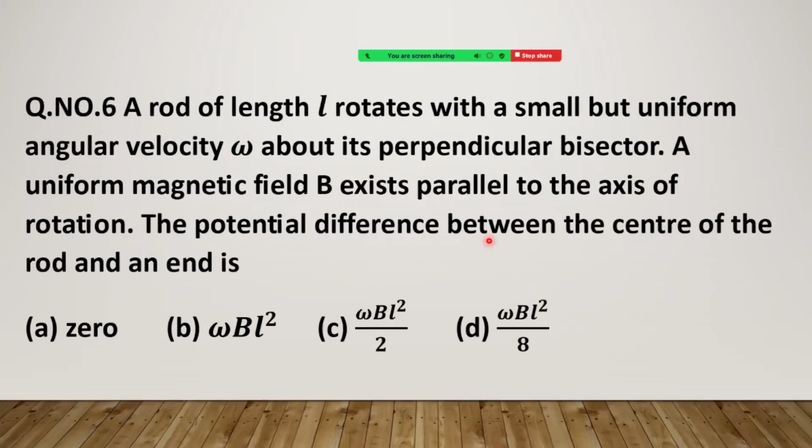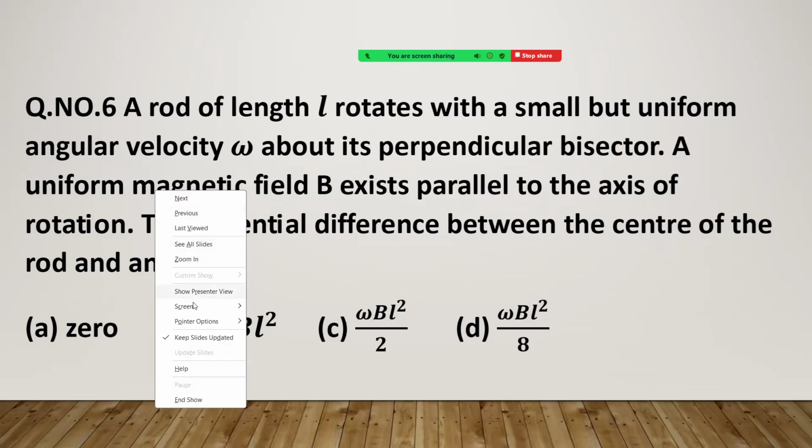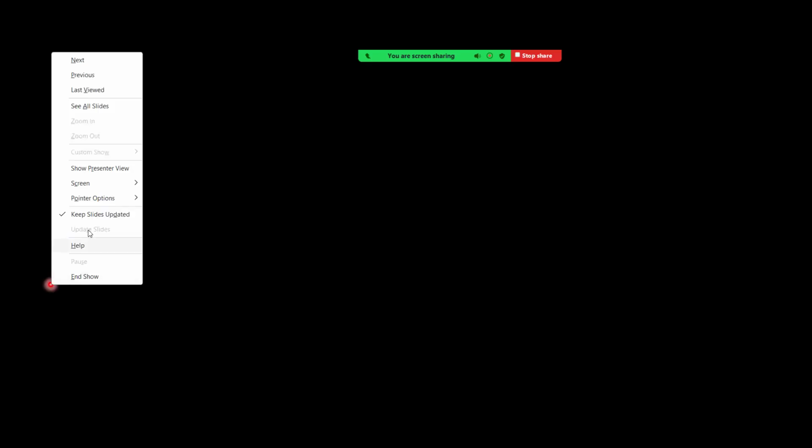The potential difference between the center of the rod and an end is. Almost the same question. The only change is that the axis of rotation is the perpendicular bisector. See now where the change comes in the calculation part.